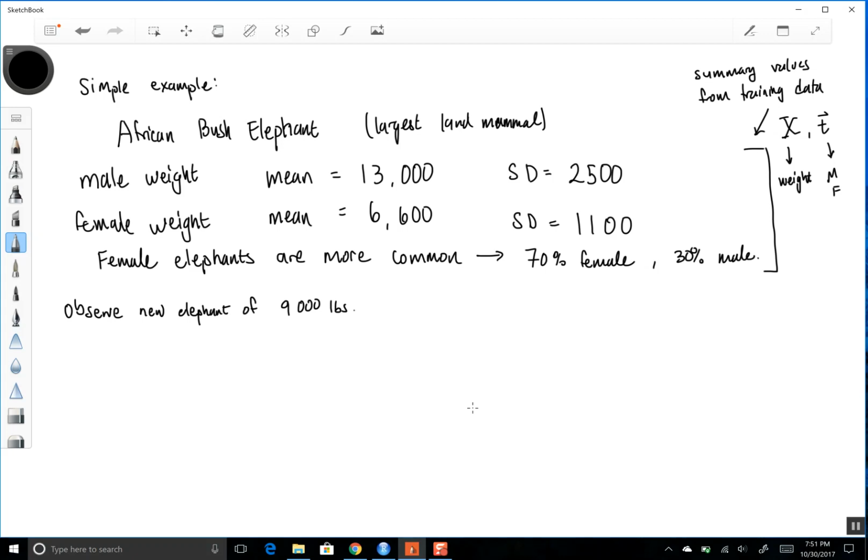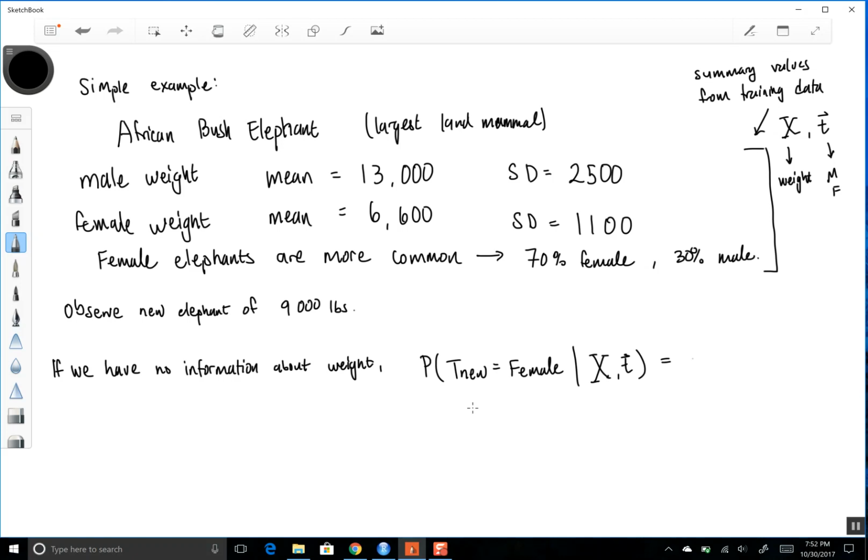So if we have no information about weight, then the probability that the new elephant is female, given our training information, would just be 0.7, right? Because that's what it says. The female elephants are more common. That's what we have.